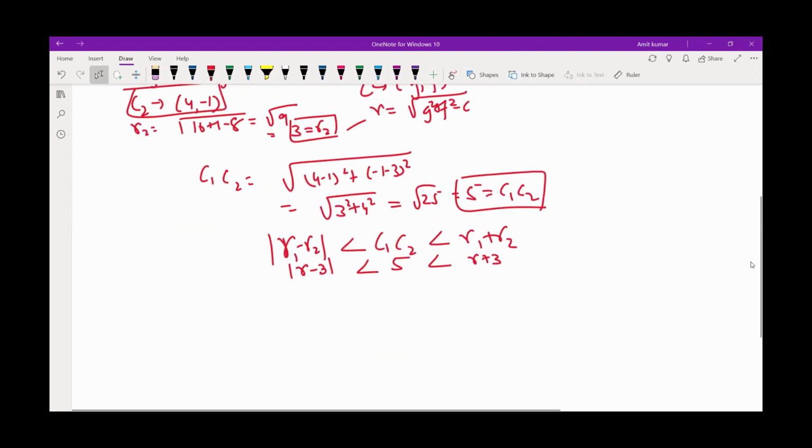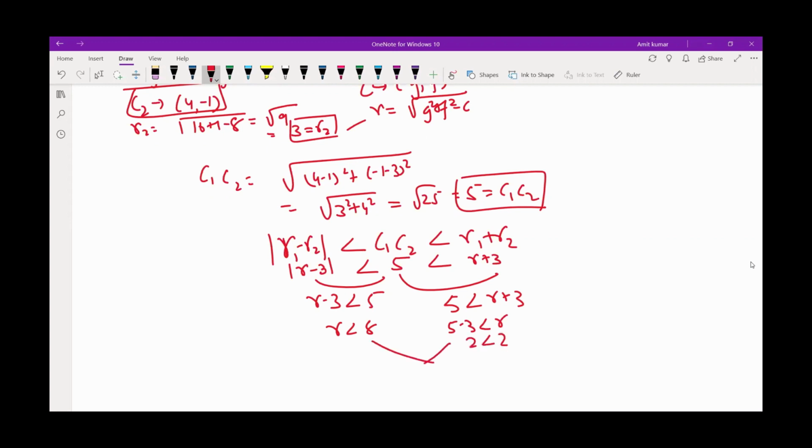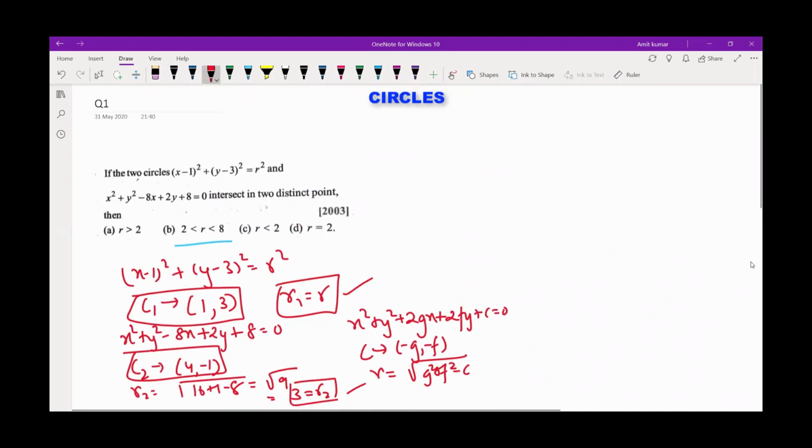So from this inequation, r minus 3 is less than 5, so r is less than 8, and from this inequation, 5 is less than r plus 3, what I get from here is that r is greater than 2. From these two, I conclude that r is in between 2 and 8. So my correct option is B.